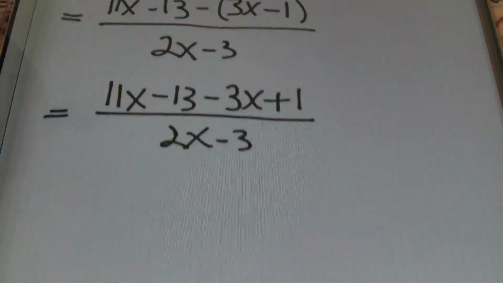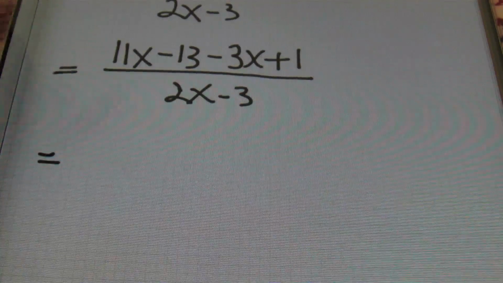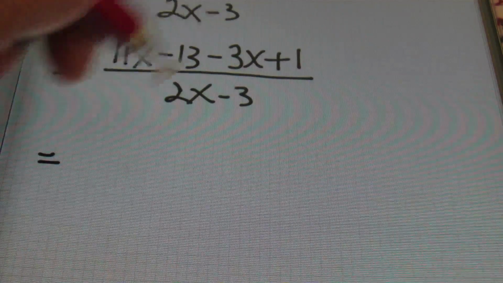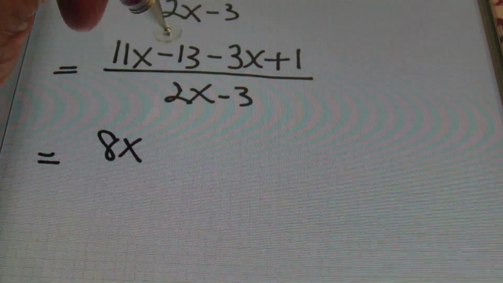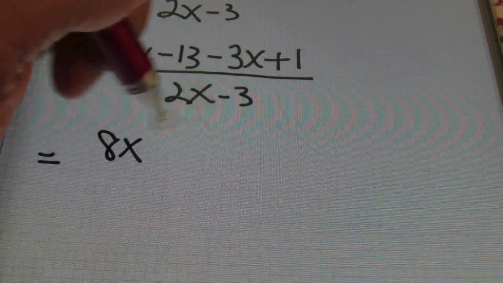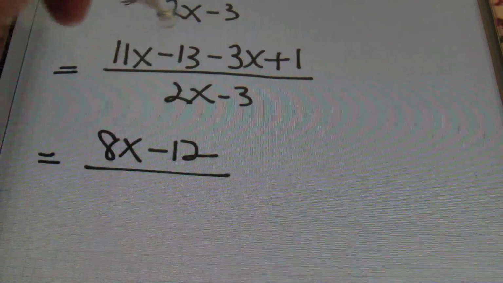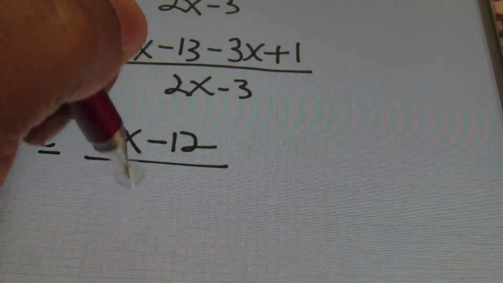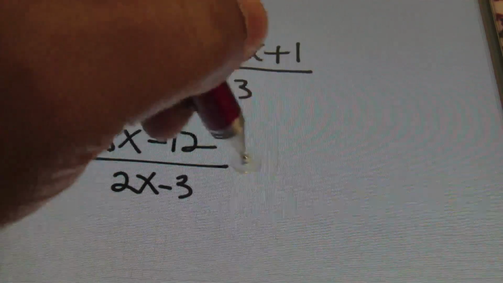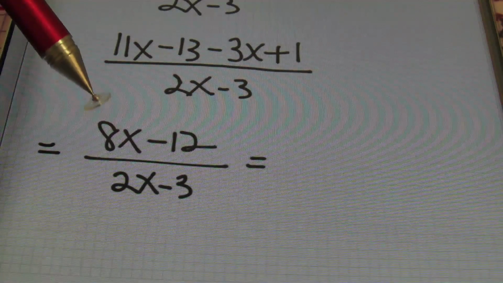From here, we'll end up combining our like terms in the numerator. So 11x minus 3x gives me 8x, and negative 13 plus 1 is going to give me negative 12. All of this is going to be over 2x minus 3. Notice that in your numerator, you can factor out a 4.